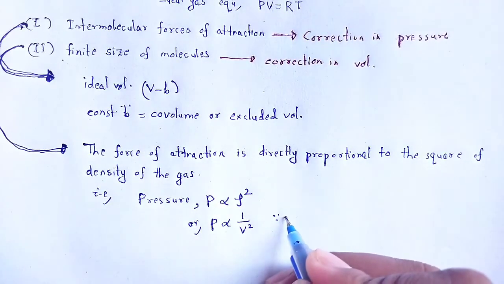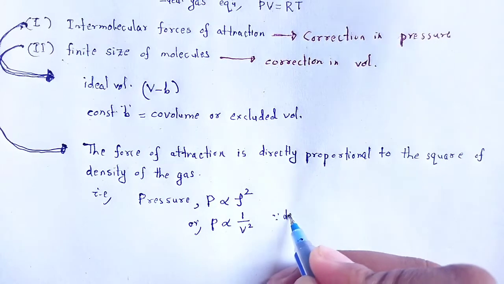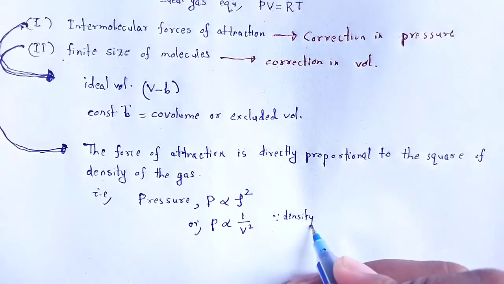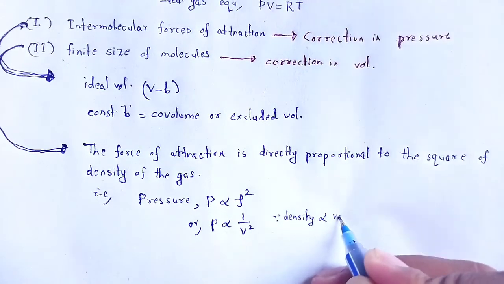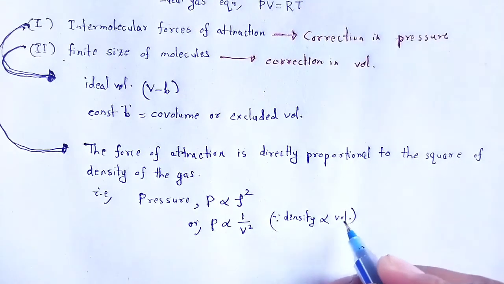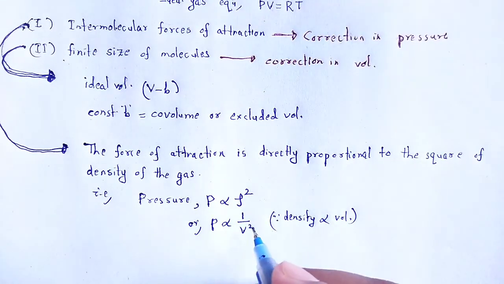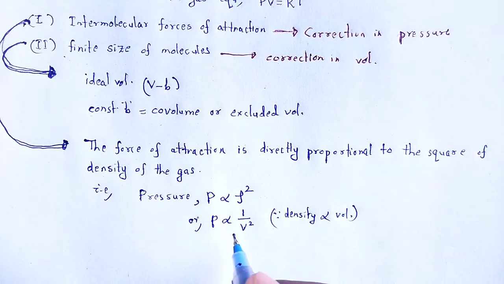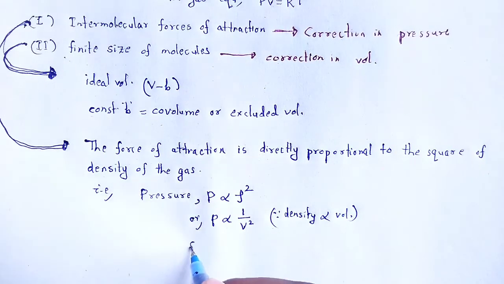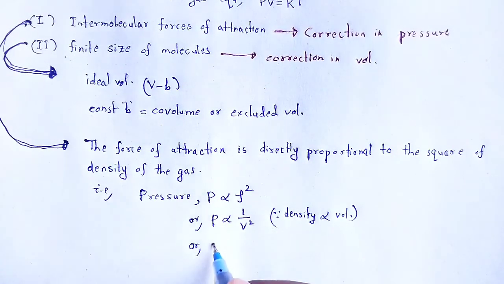In place of rho I substitute the volume. Now, we introduce the proportionality constant a.